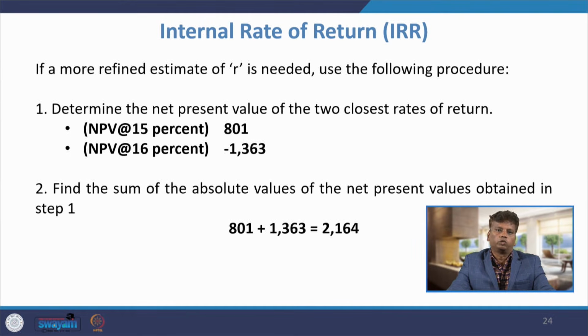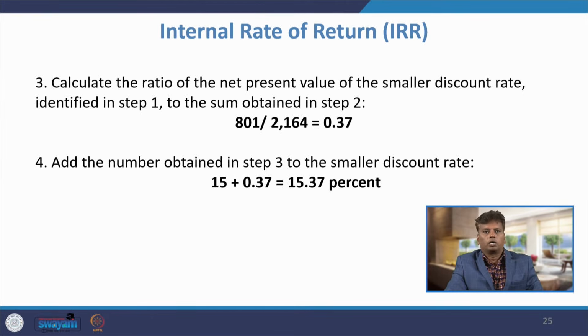Find the sum of absolute values of the net present values obtained in step 1, that is 801 plus 1363, which is 2164. Calculate the ratio of the net present value of the smaller discount rate identified in step 1 to the sum obtained in step 2.